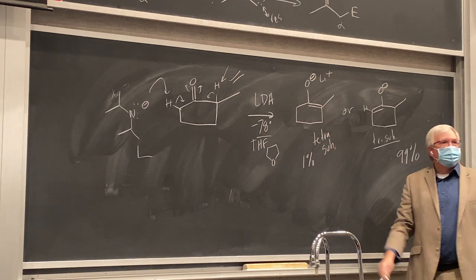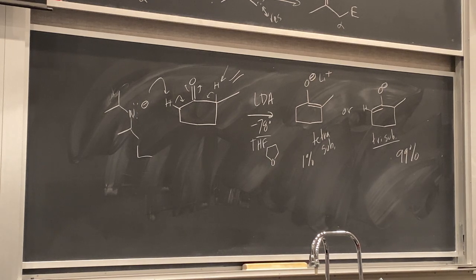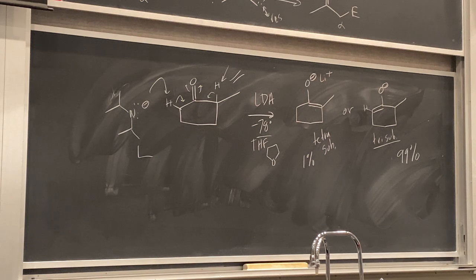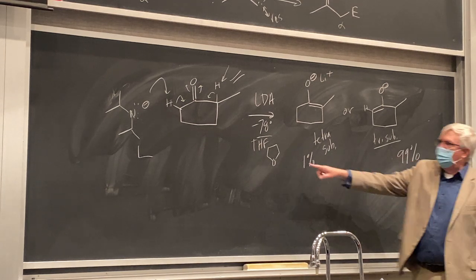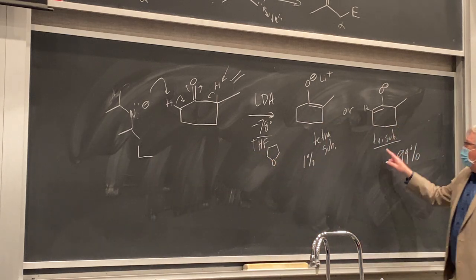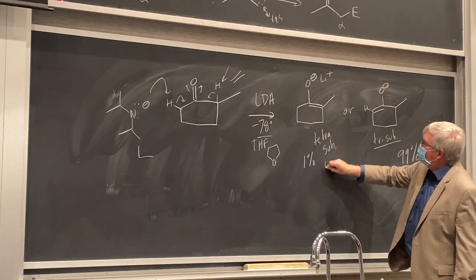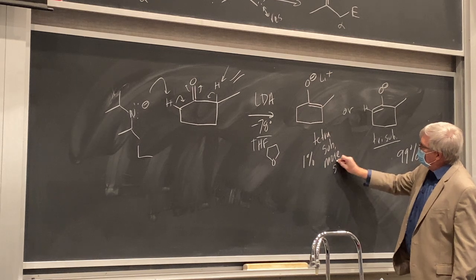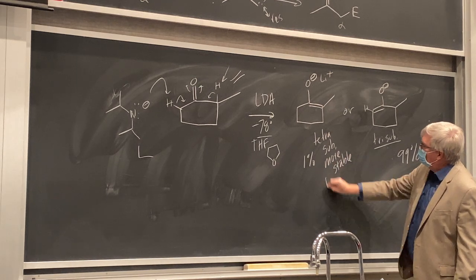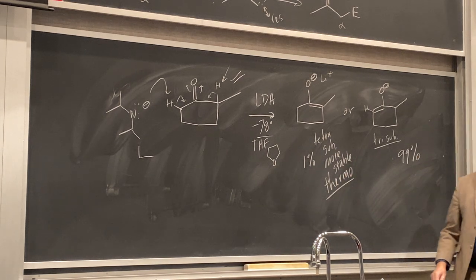But wait a minute, that's the more stable one. Why are we getting so much of the less substituted, less stable enolate in this case? Well, it's the bulk, okay? The large size of the LDA allows us to form this. So we're going to call this more substituted, more stable intermediate the thermodynamic enolate, okay.